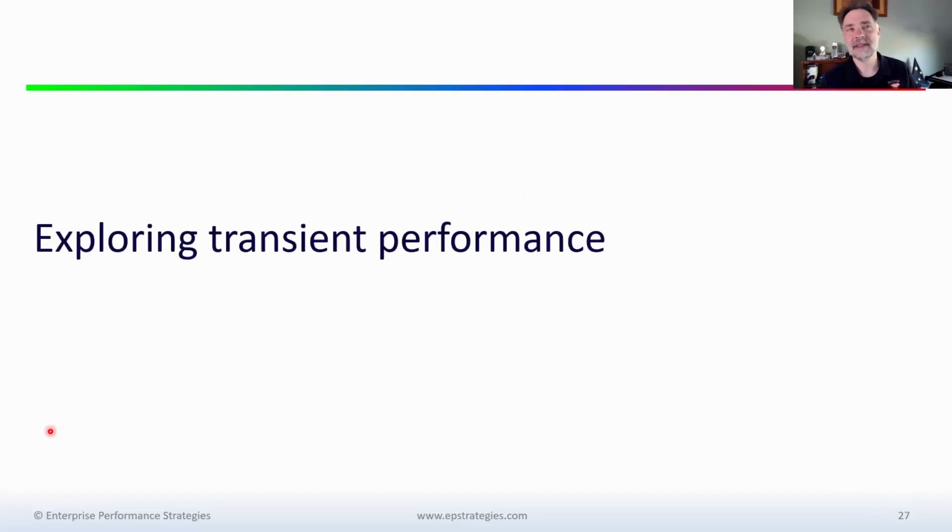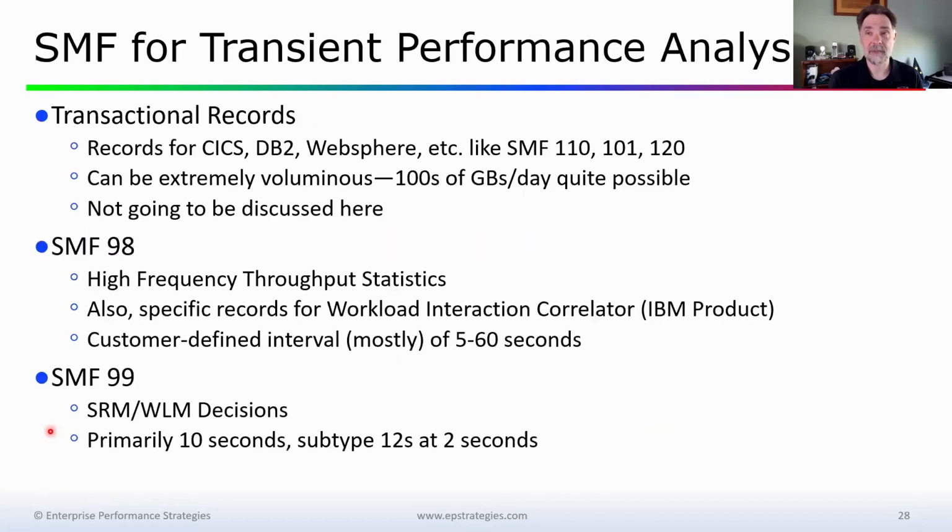All right, so let's take a look at some of these transient performance problems and how we can actually look for them. The SMF data actually does have useful information for us for doing this sort of transient performance analysis.